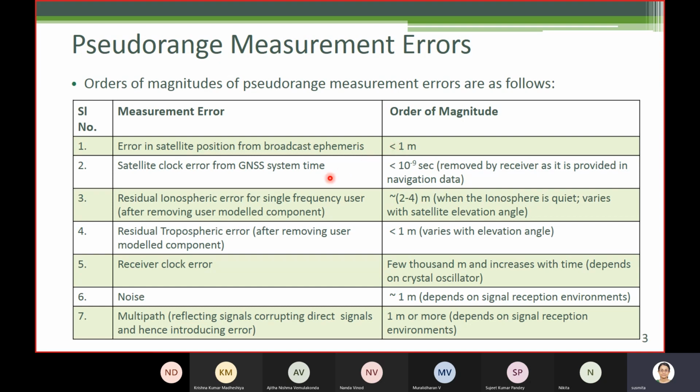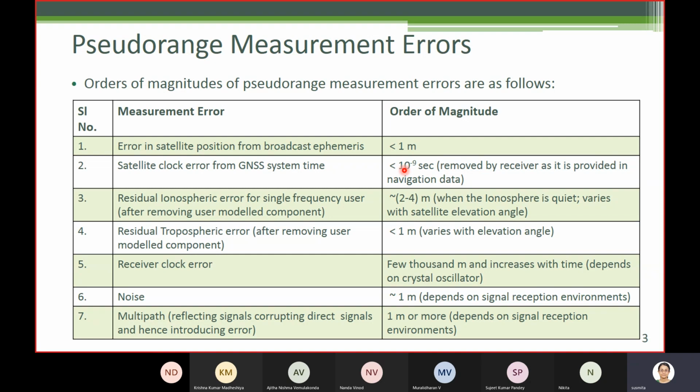Satellite clock error from GNSS system time is on the order of 10 to the power minus 9 seconds, less than that, because the clock on board the satellite is steered by the master station, but still it will have some small drift from the system time, and it is actually broadcast in the navigation data. Okay.